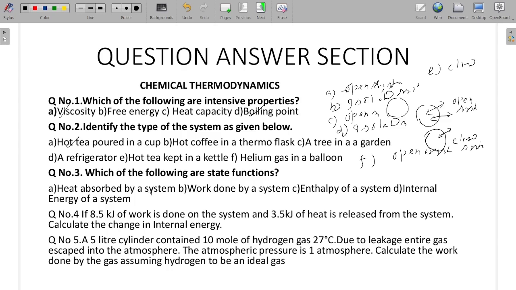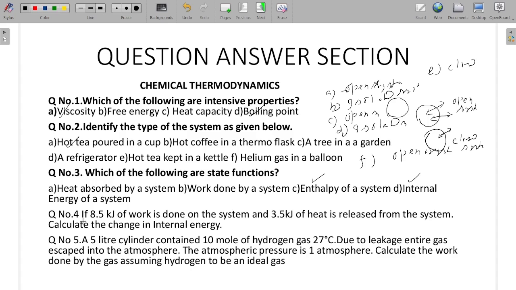So heat is not a state function, and work is also not a state function. Only state functions are enthalpy and internal energy. This is question number 3.